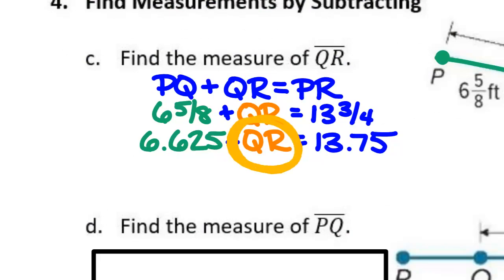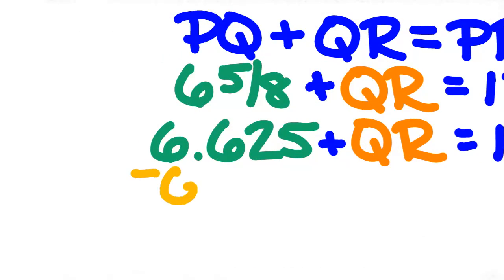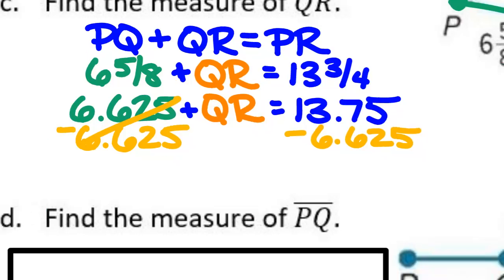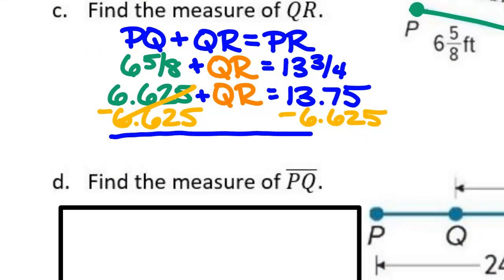I want to get the QR all by itself. So what operation could I use to make this 6.625 cancel out? Subtraction. Let's minus 6.625 from both sides. Grab those calculators again.